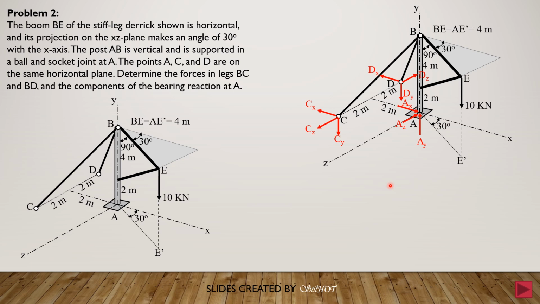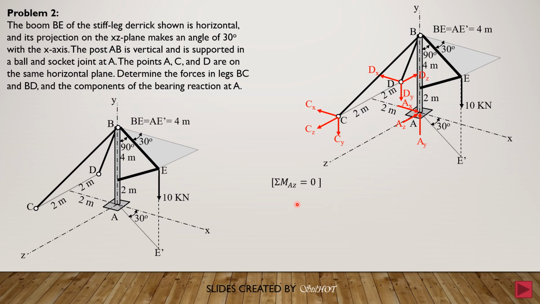So first, let's sum up moment about the AZ axis so that we can set up an equation for CY and DY. We only need CY and DY to solve for the tension for the leg of the derrick BC and for the leg BD.